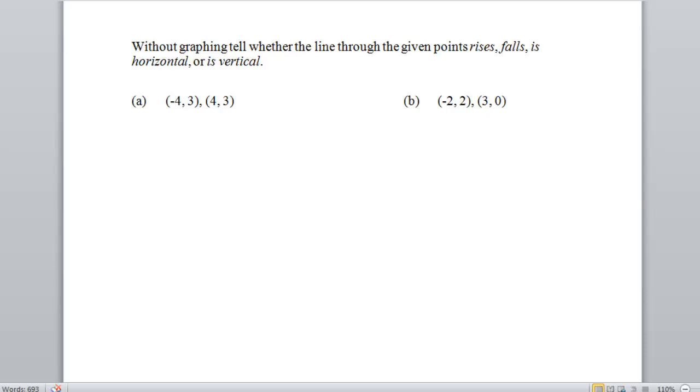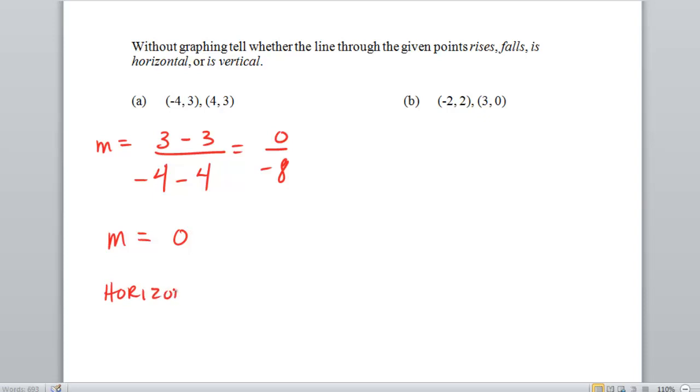Okay, for part A, first things first, we need to find the slope of the line. And of course, that's going to give me a slope of 0. And remember, if we have a slope of 0, we have a horizontal line, and of course visually that looks like that.